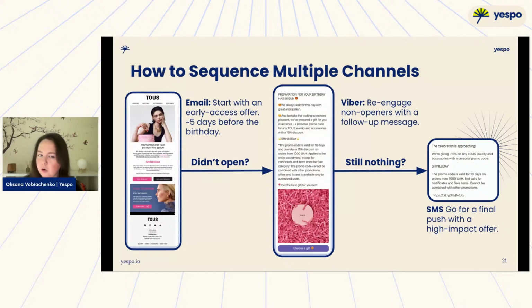Check if they didn't open the email. Hand off to a more mobile channel like Viber or Messenger. And if they ignored this type of channel, send a short SMS or push with a headline like, today is the last day for your gift.